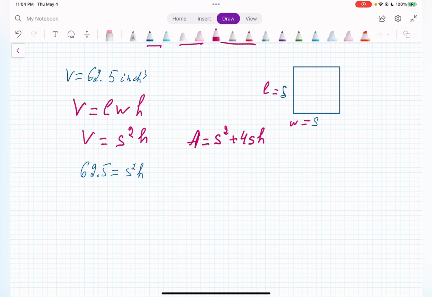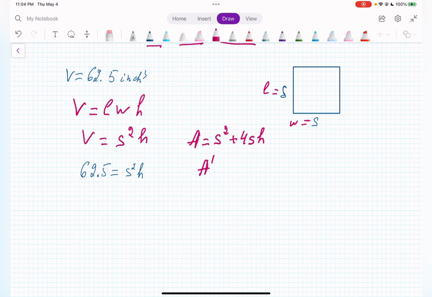Okay, so in this case, what am I going to do? To minimize, because it's asking which dimension will satisfy minimization of the area of surface, we take our area of surface and we have to take a prime, right? Derivative.